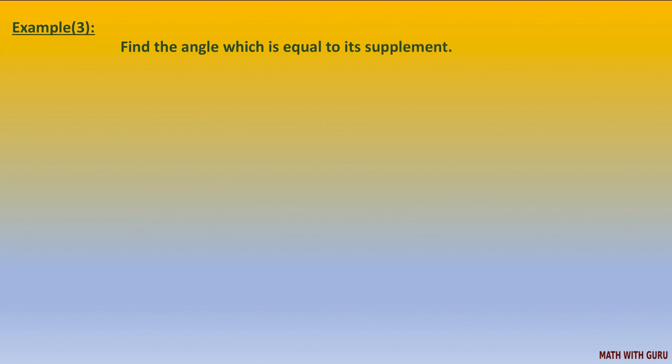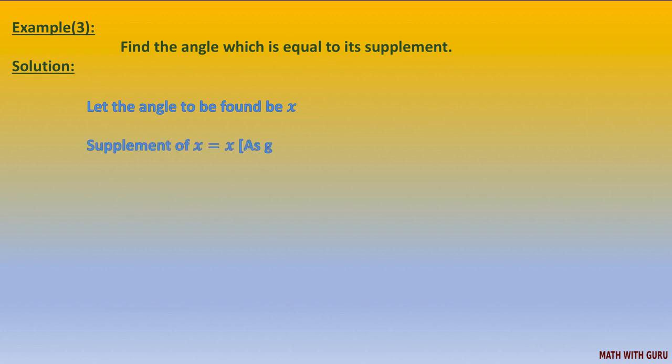Let us take another example. Example 3. Find the angle which is equal to its supplement. Let the angle required to be found be x. Supplement of x equals x as given in the problem. x plus x equals 180 degrees.